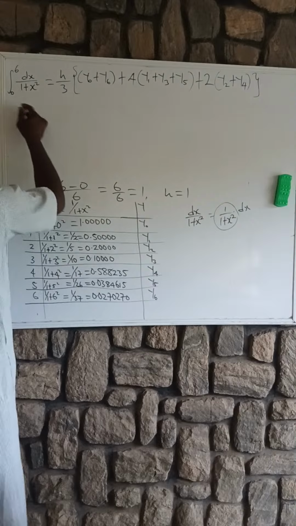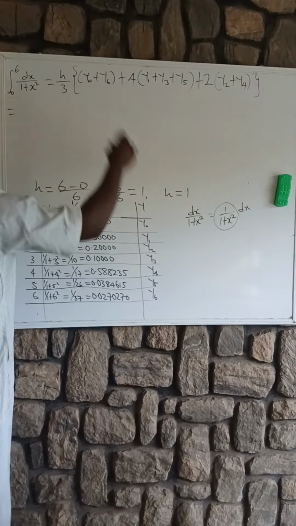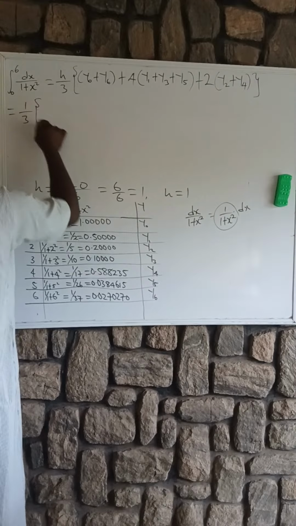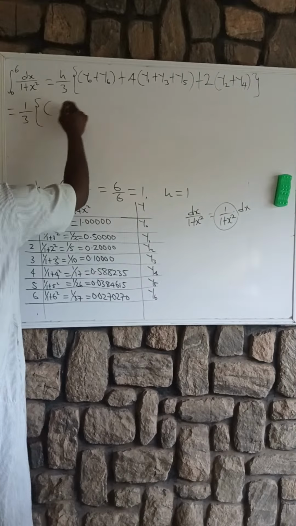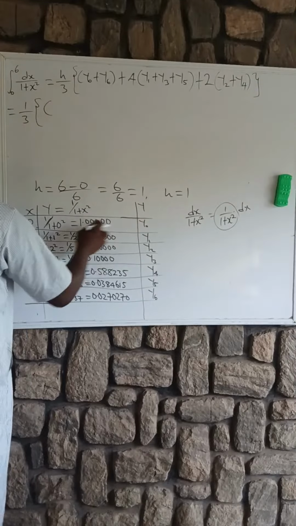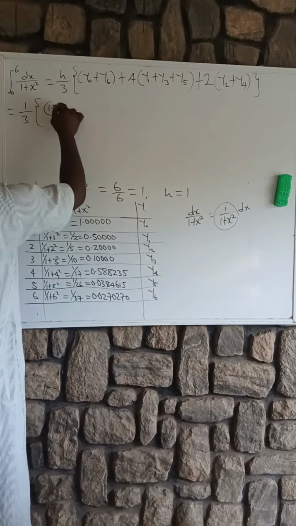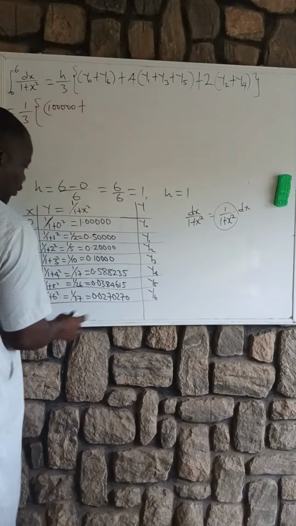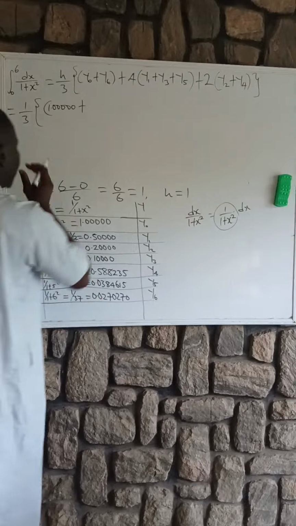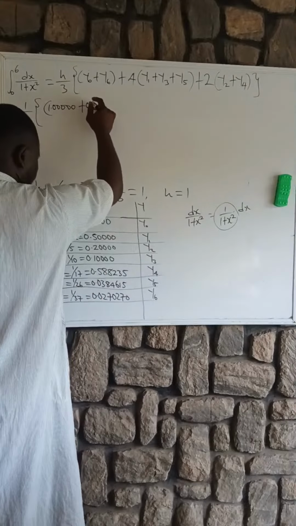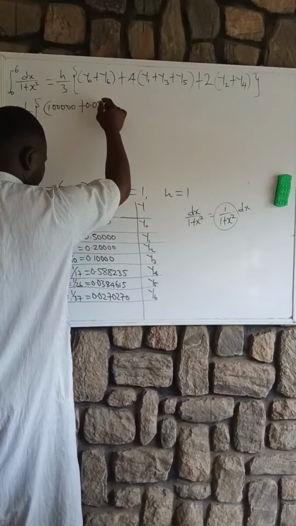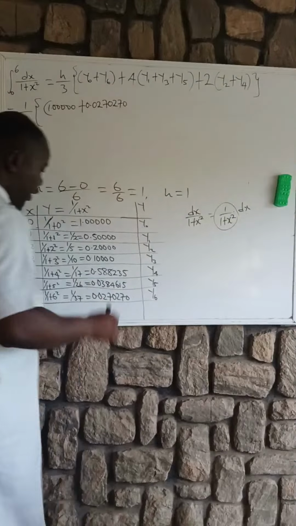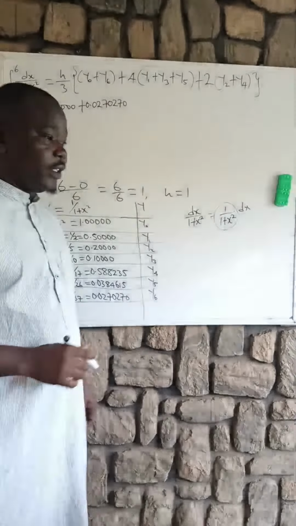So here will now be equal to, our h is what? 1, right? 1 over 3, open bracket, our y naught, this is 1.00000, then plus y6 is 0.0270270, right? Hope you are following.